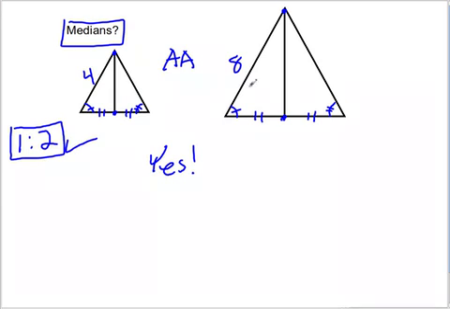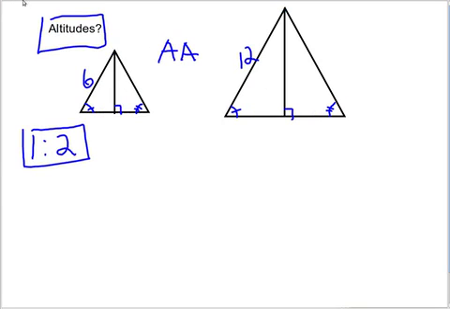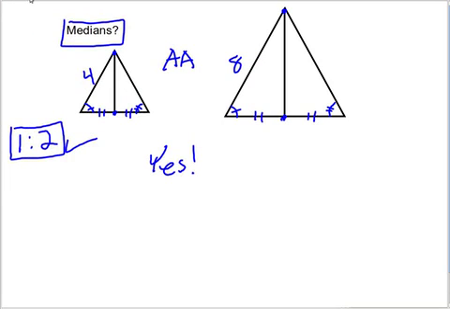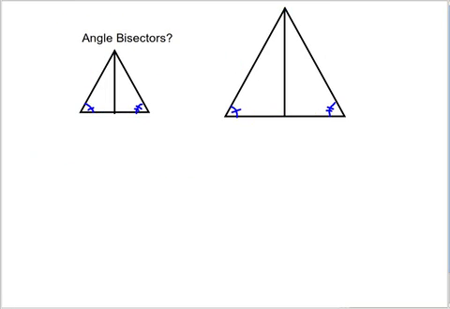Alright, so we've talked about altitudes, we've talked about medians. What about angle bisectors? So here we have this angle congruent to this angle. In a separate triangle, this angle is congruent to this angle. Let's say the ratio of this one was 3 and this was 9, so this ratio would be 1 to 3.